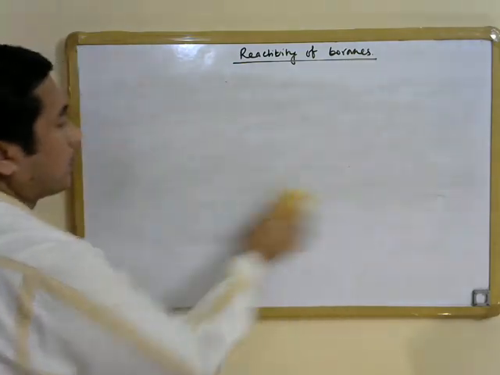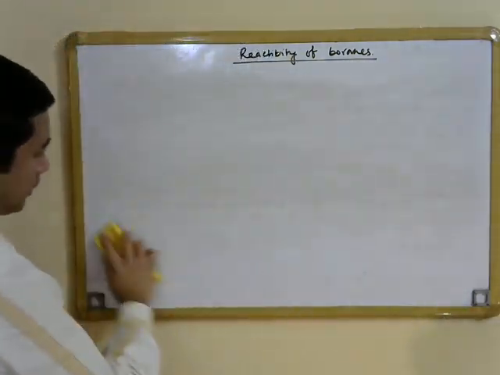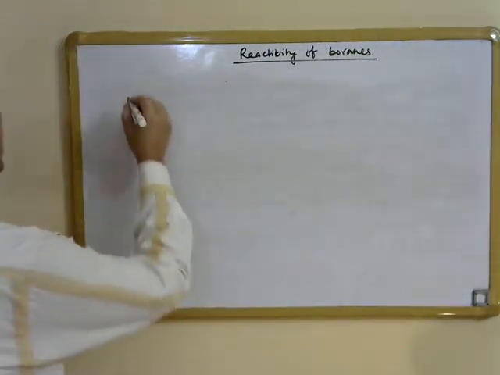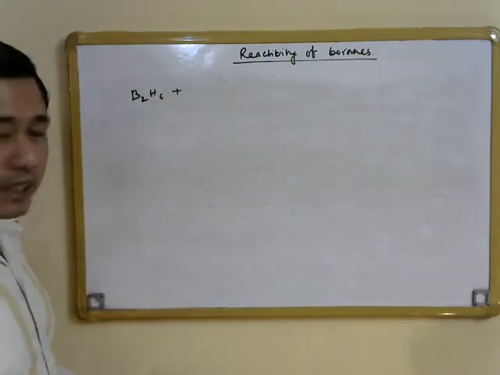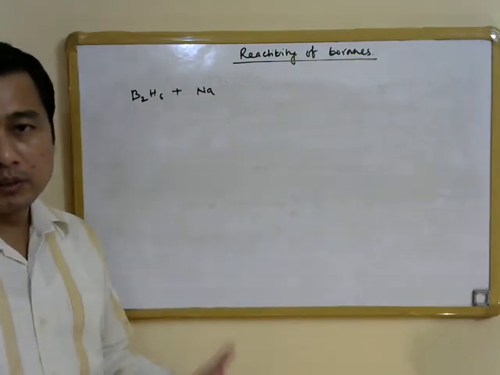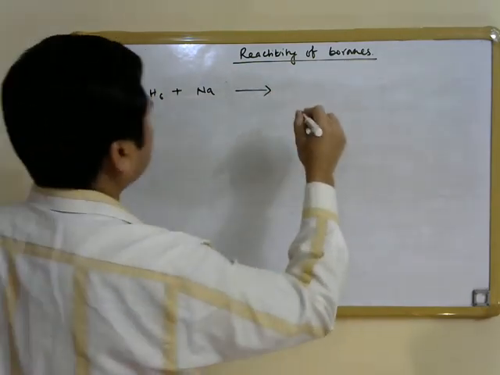Now, another very important type of reagent that is used in organic synthesis can be prepared starting from this diborane. That is, when we treat diborane with alkali metals like sodium, or even with their amalgams, then we end up with the borohydrides.